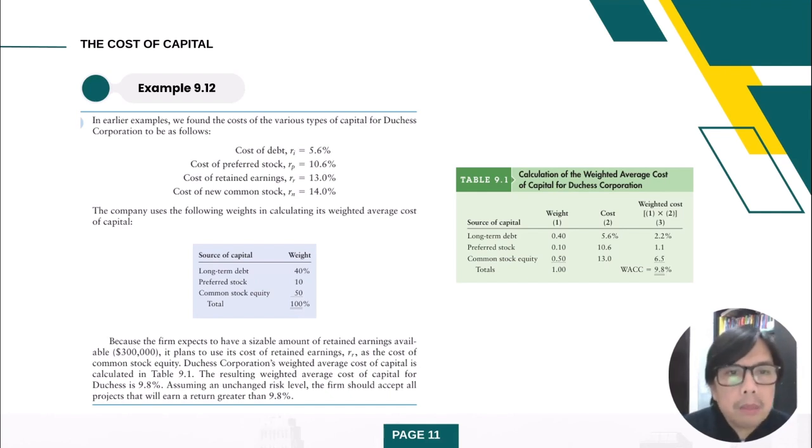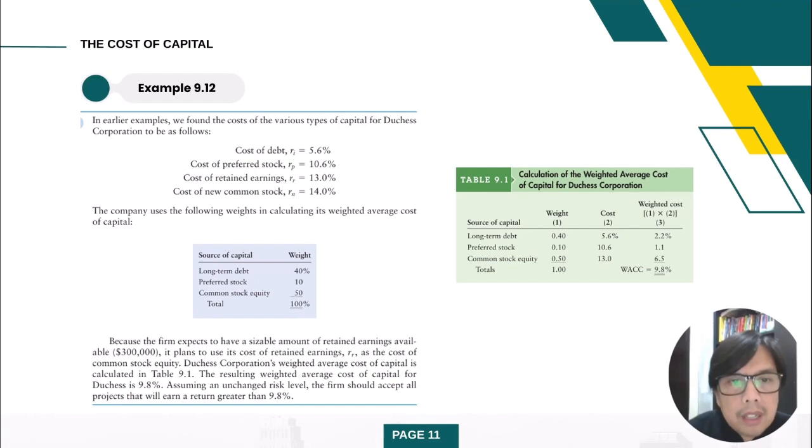In an earlier example, we found the cost of various types of capital for Duchess Corporation to be as follows. Cost of debt is 5.6%, cost of preferred stock 10.6%, cost of retained earnings 13%, cost of new common stock 14%. The company uses the following weights in calculating its weighted average cost of capital.